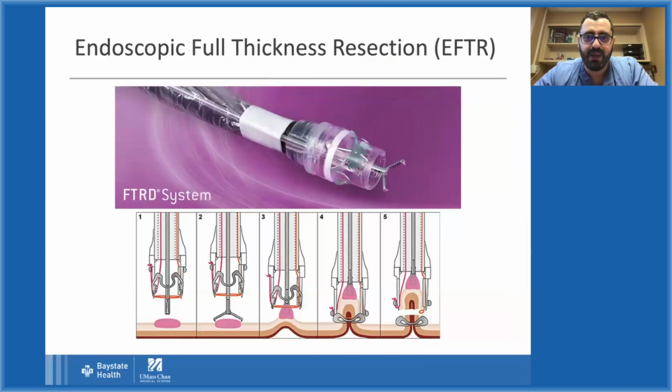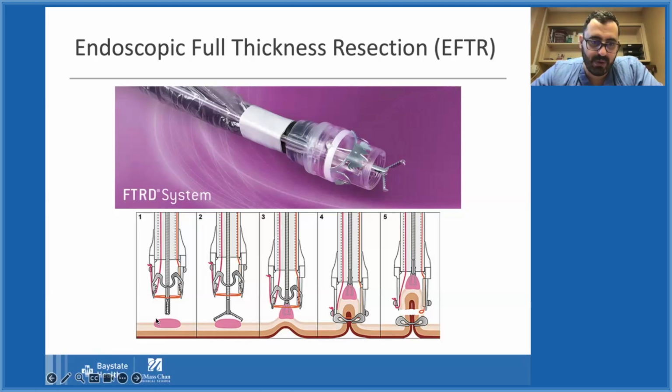So how does it work? The device has a cap with a clip already installed on it, and a white ring that pushes the clip outside. If you look very carefully, you can see a snare already attached to the tip of this cap, and you can also insert a grasper.